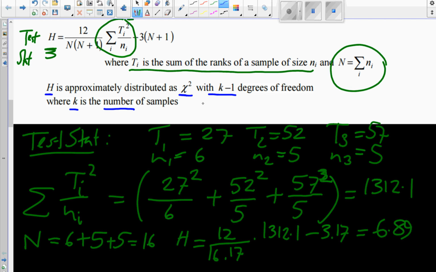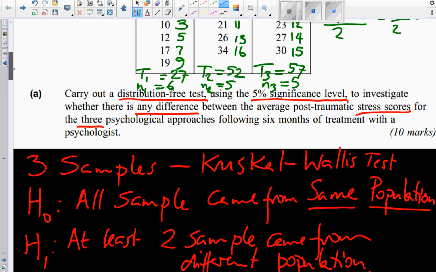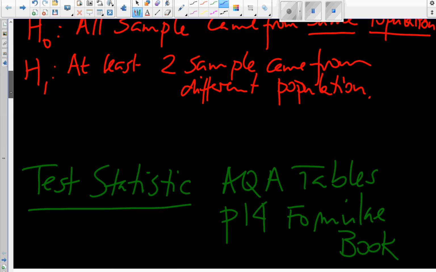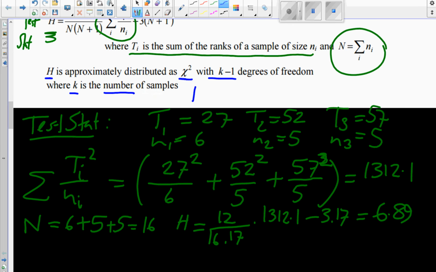Now here we had 3 samples. Let's go back up and have a quick look. 1, 2 and 3. There are 3 separate samples. Don't get confused and think there's 16. There are actually 3 separate samples we're comparing. So our k is going to be equal to 3. And so that means our degrees of freedom will be 3 minus 1 equals 2.